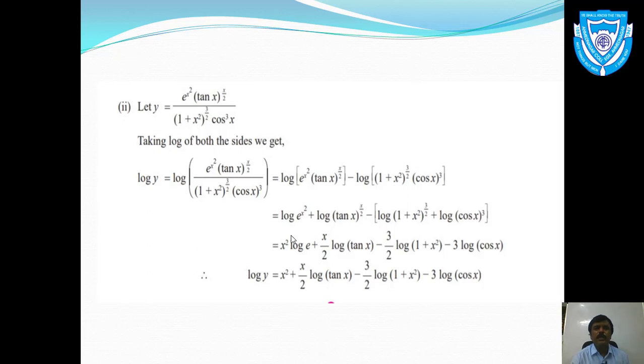So here also, by taking the log of both the sides using all the three properties of logarithm, we can simplify the given function more and more, and after simplification we got, see the last step, log y is equal to x square plus x upon 2 into log of tan x minus 3 upon 2 log of (1 plus x square) minus 3 times log of cos x.